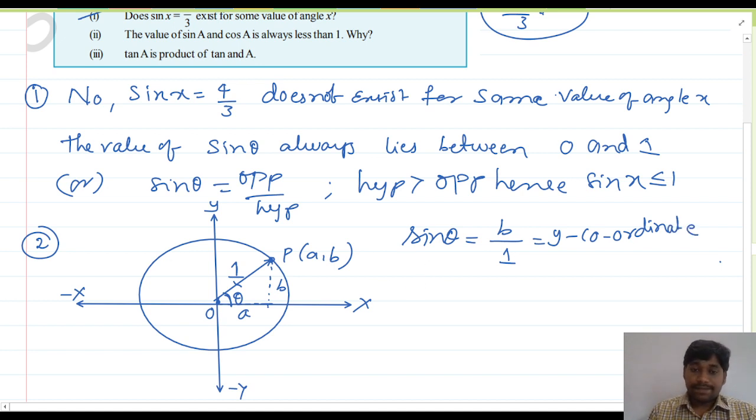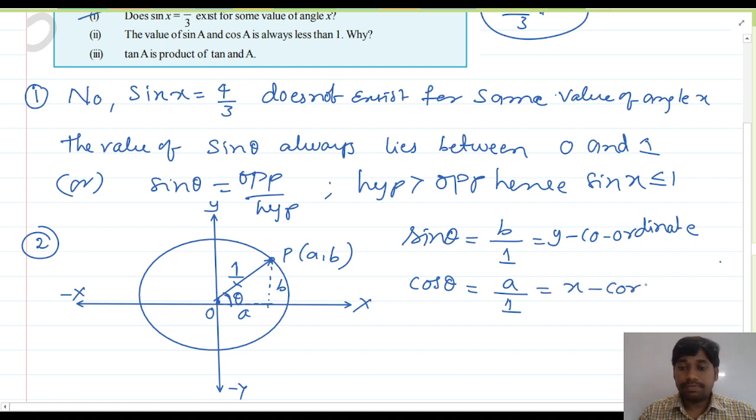Similarly, cos theta is adjacent by hypotenuse, 1, so it is the x coordinate.